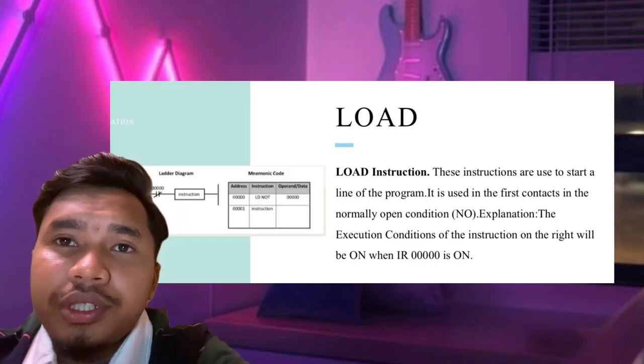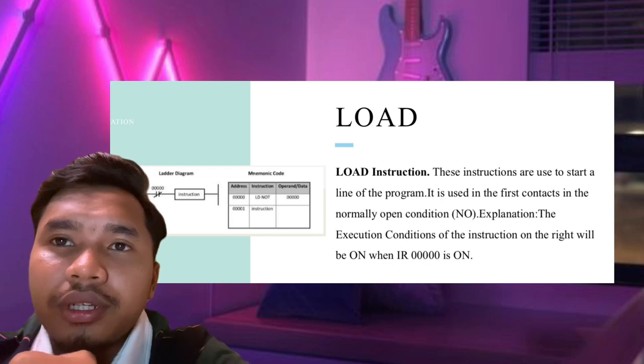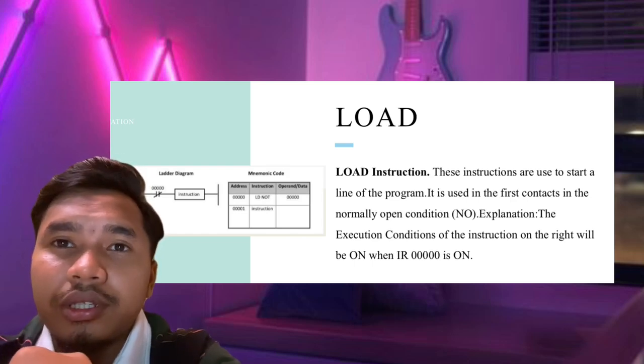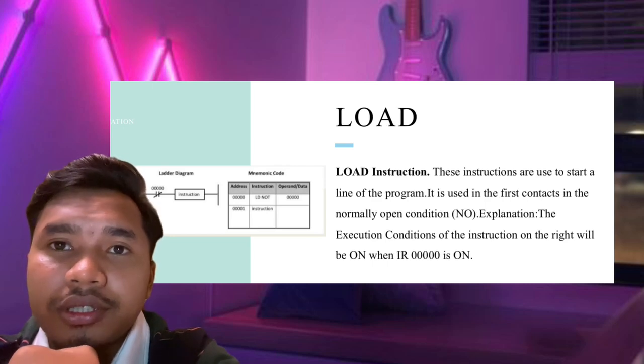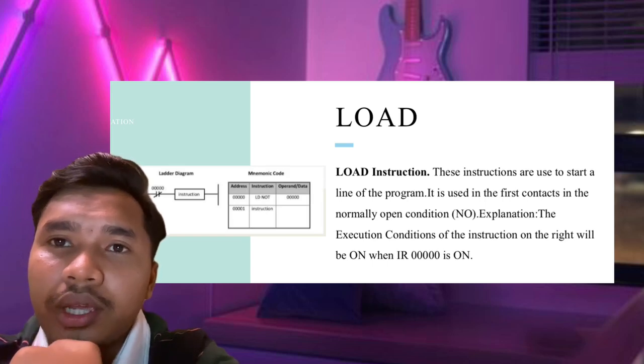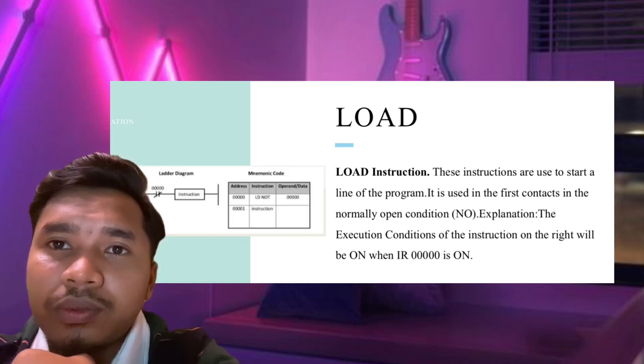Load instruction. This instruction is used to start a line of the program. It is used in the first context in the normally open condition. Explanation: the execution condition of the instruction on the right will be on when IR 00000 is on.